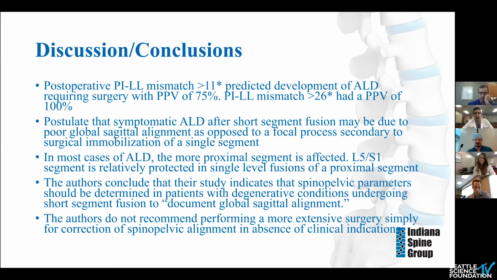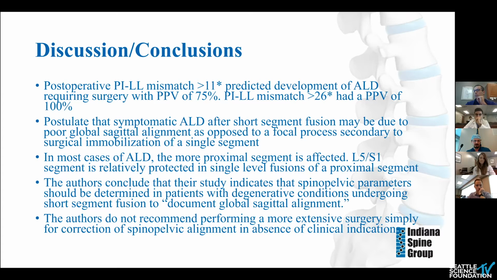So in their discussion, they concluded that postoperative PI-LL mismatch greater than 11 degrees predicted development of adjacent segment disease requiring surgery, and that had a positive predictive value of 75%. And again, over 26 degrees had 100% PPV.